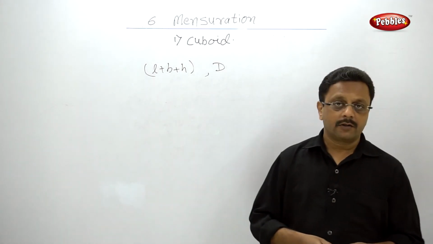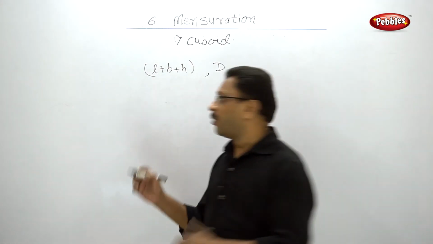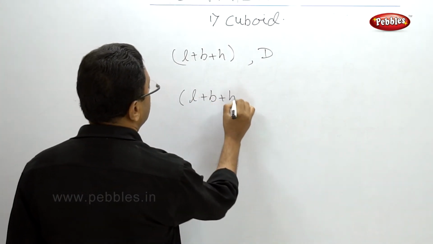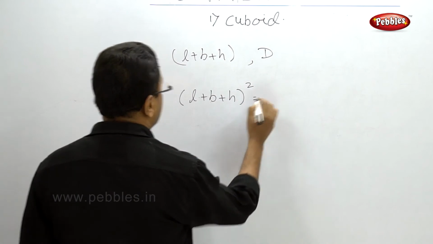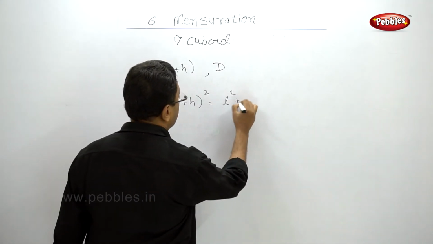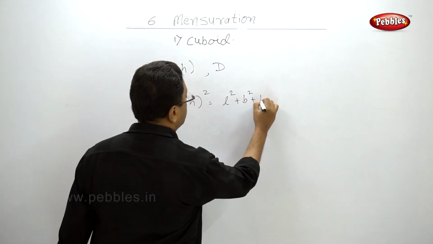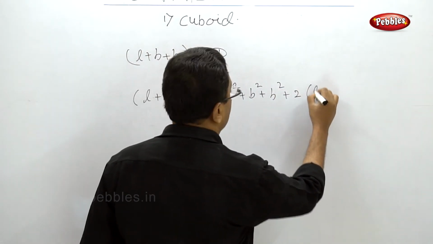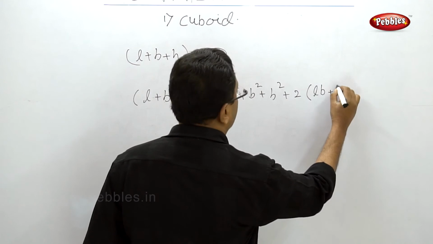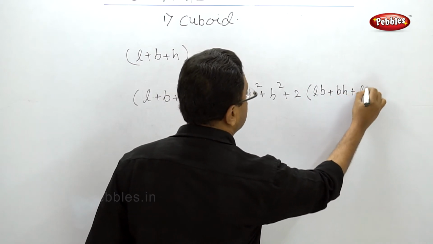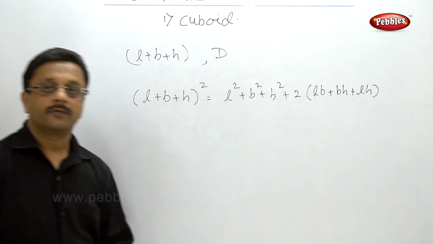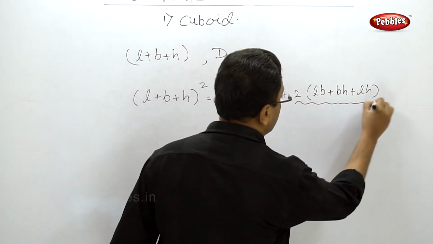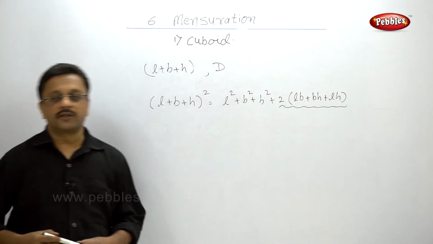In that case, you have to use this formula: (L plus B plus H) square is equal to L square plus B square plus H square plus 2 times (LB plus BH plus LH). Just remember this formula, and in this case the second part is nothing but your total surface area.